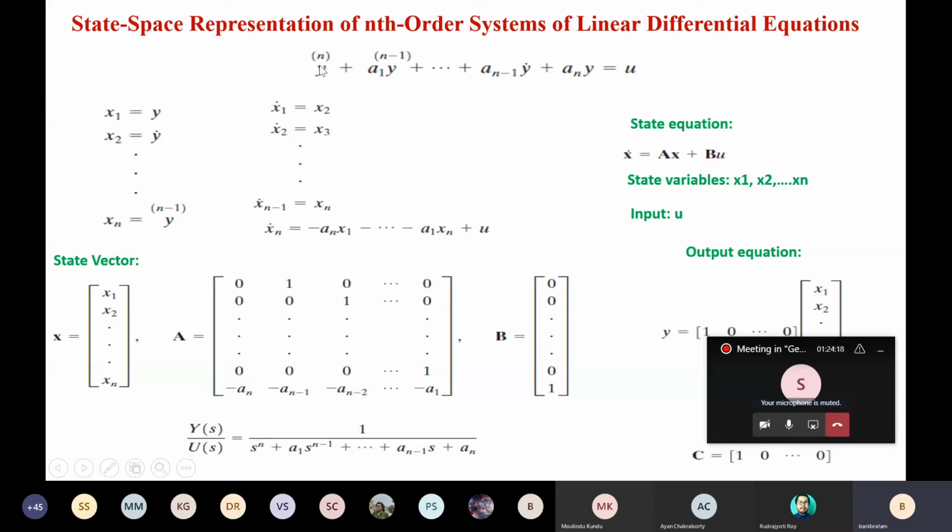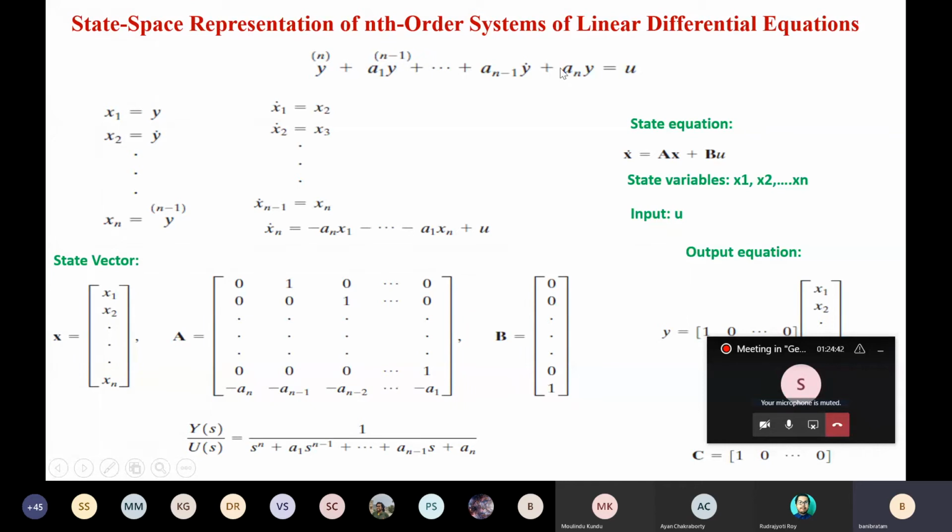So this xn dot, how can I write it? In the main equation, I write y^n on the left side, and if I shift all other terms to the right side, then what will you get? y^n equals minus a1 y^(n-1), and so on, all minus terms, minus an y.